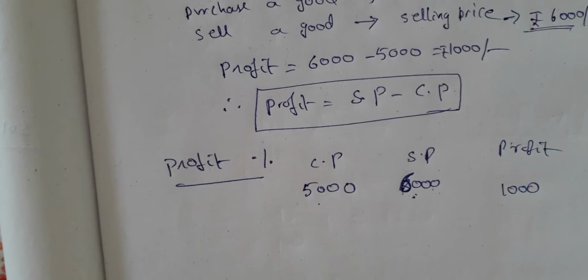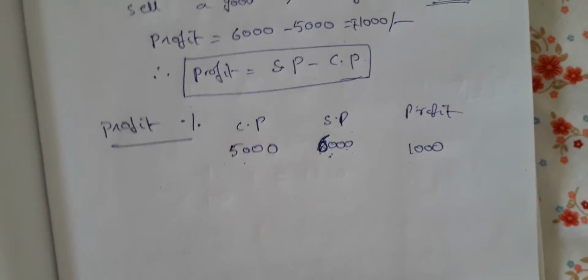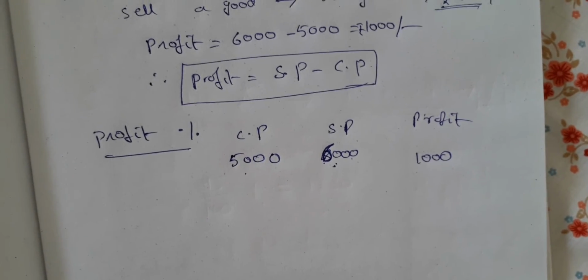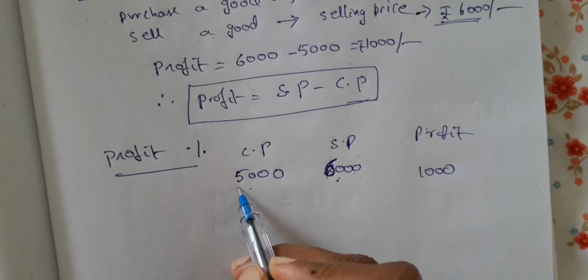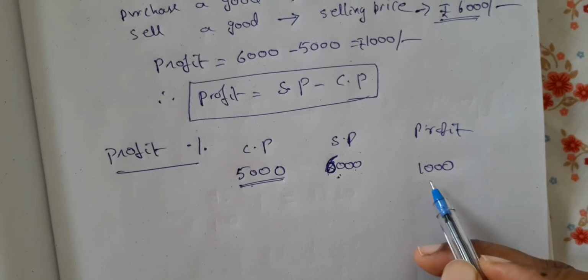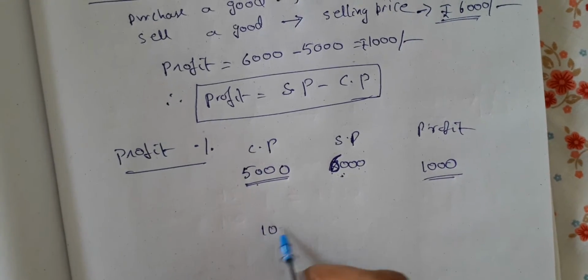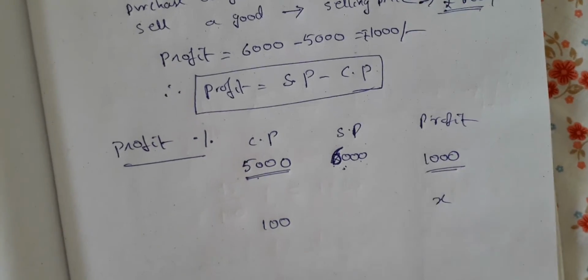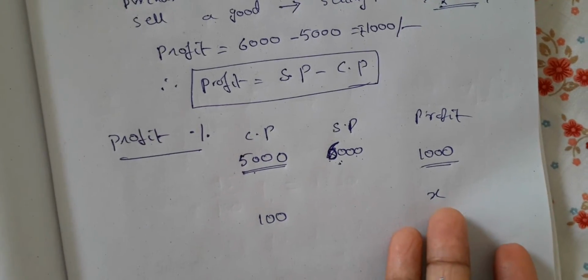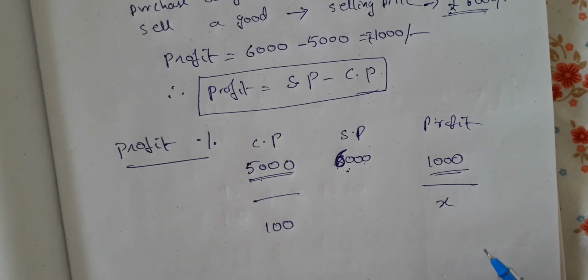We are asking for profit percentage. If the cost price is 5,000, profit is 1,000. If cost price is 100, then what is the profit? That itself gives you the profit percentage in a ratio form.